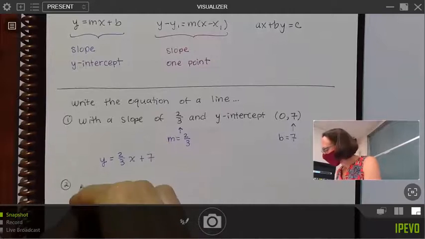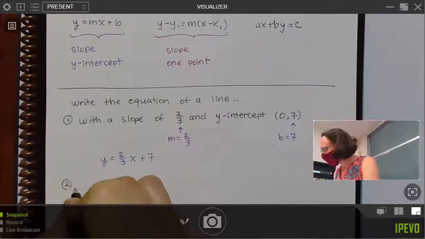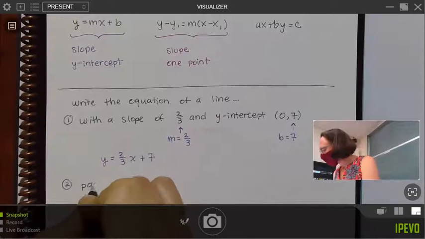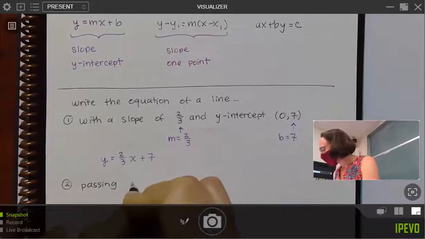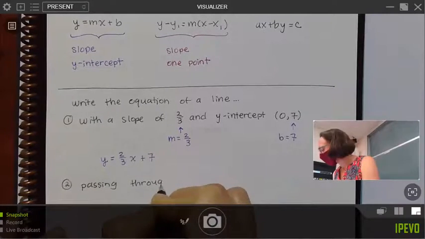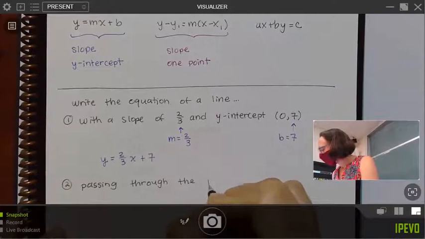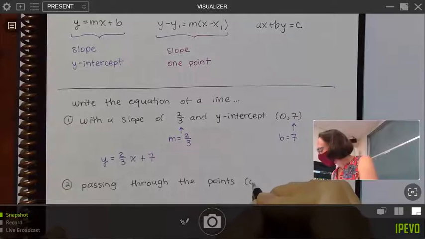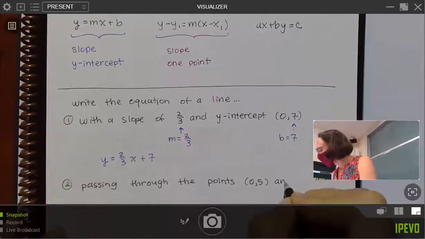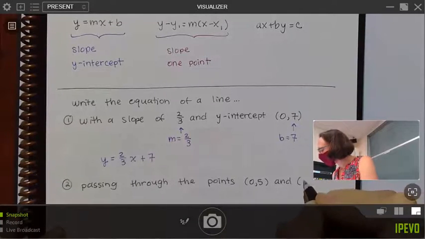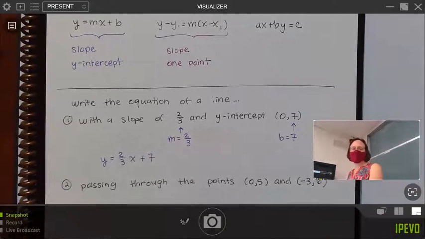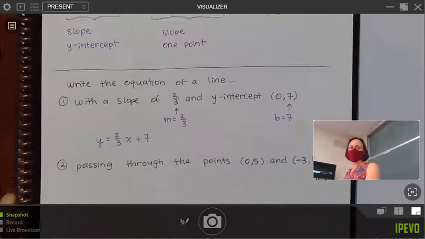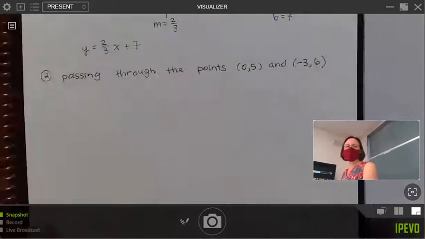Let's write the equation of a line passing through the points (0, 5) and (-3, 6). Slide that up a little bit.